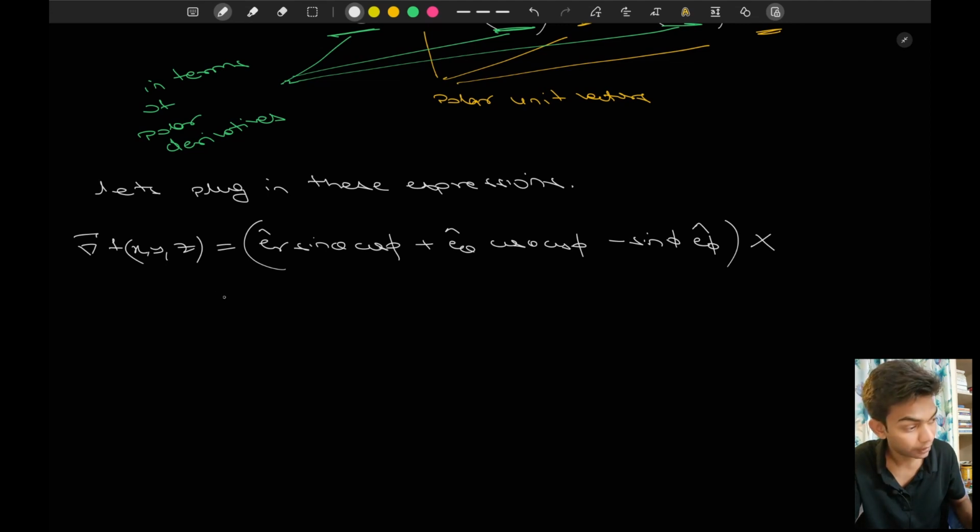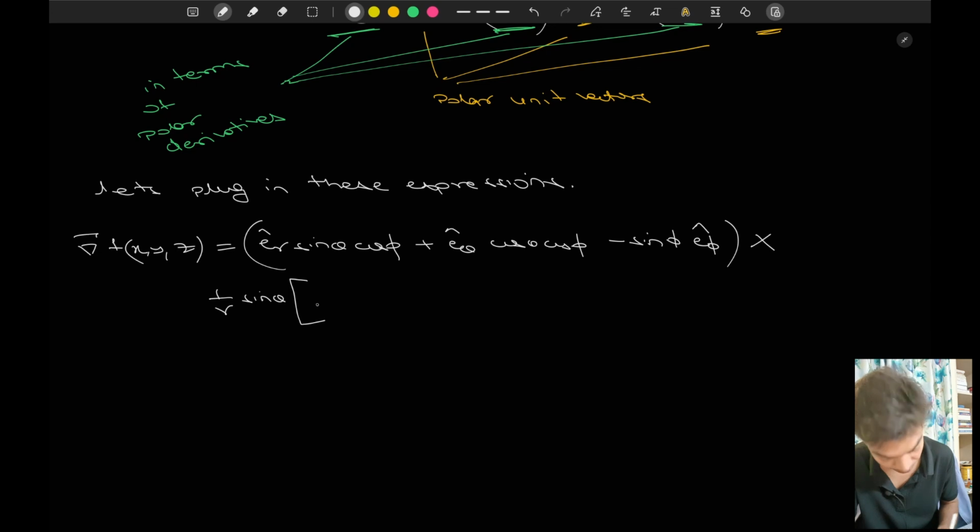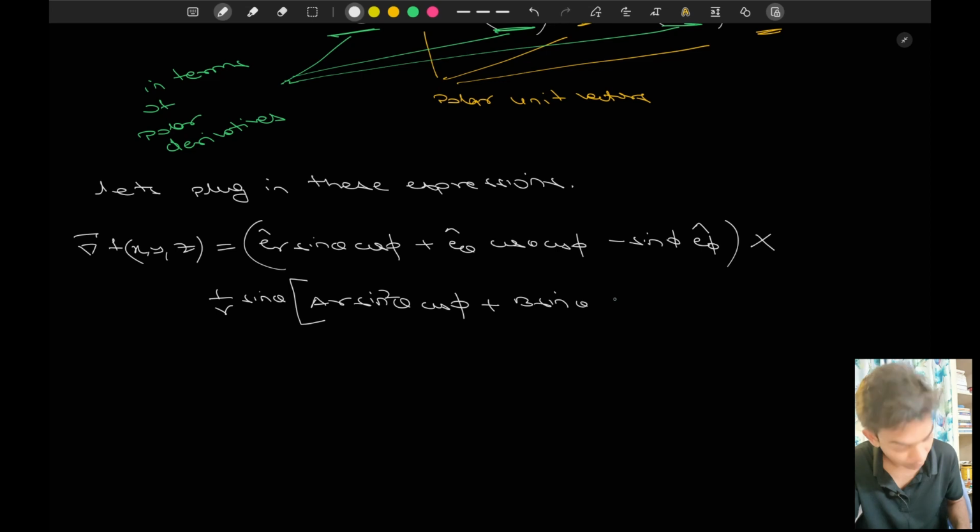So let me multiply this: 1 over r sine theta, times a r sine square theta cos phi plus b sine theta cos phi minus capital C sine phi.